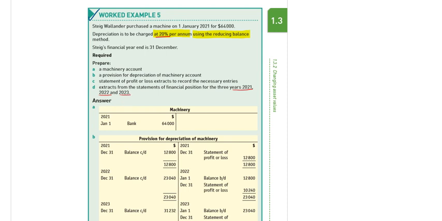So first of all, we have to make a machinery account. Please give me a suggestion: either I make a separate machinery account by myself, or I explain from this answer, which already has the account made. Just give me a suggestion.